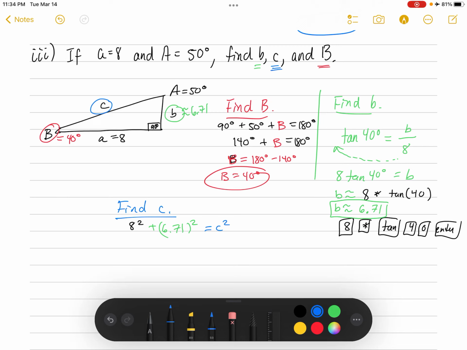I add those together, I get 109.0241 is equal to c squared, and then I take the square root of 109.0241. I get about 10.44. About. Remember, this is an estimate.